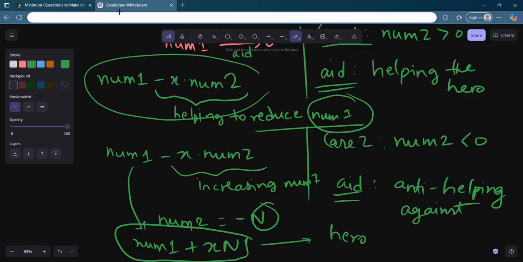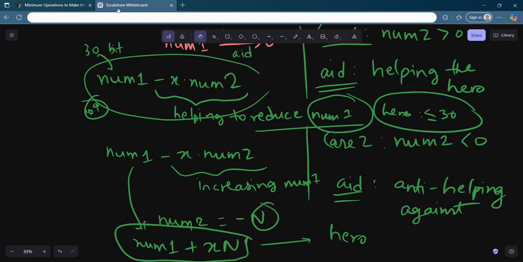So let's say num1 was a 30-bit number, 31-bit number, since it is of 10 to the power 9, it is already told. So here the hero's work was to reduce a 30-bit or less than 30-bit number, because num2 is also helping to reduce to some extent, so less than or equal to 30 bits. The job of the hero was this.